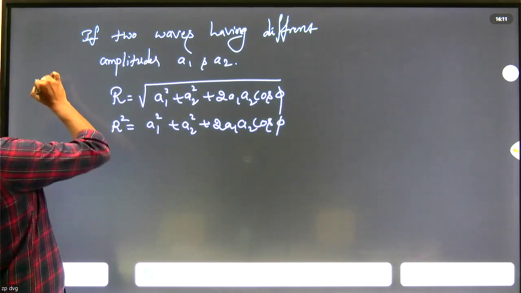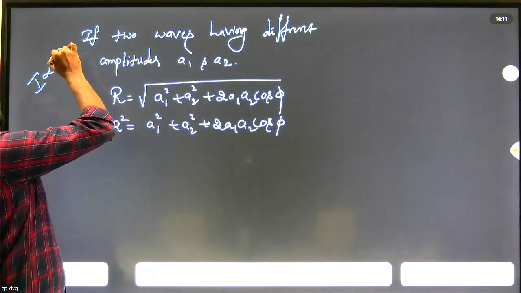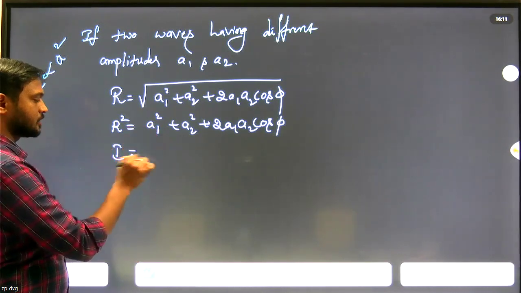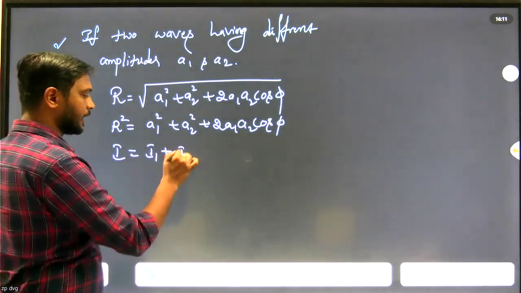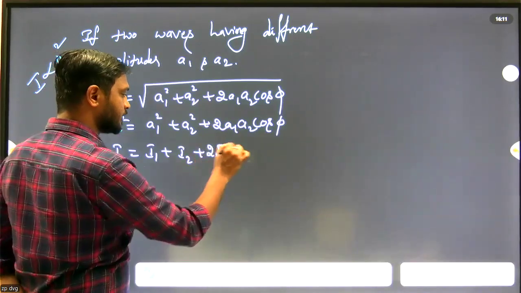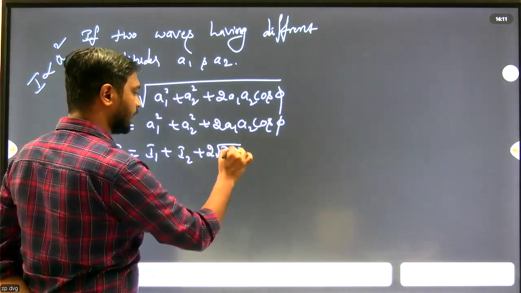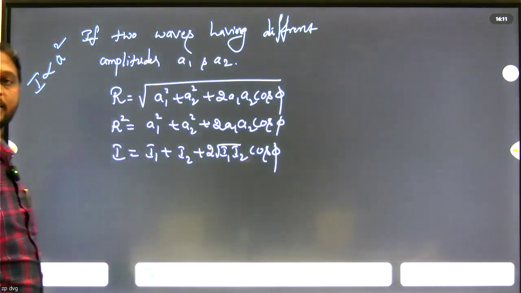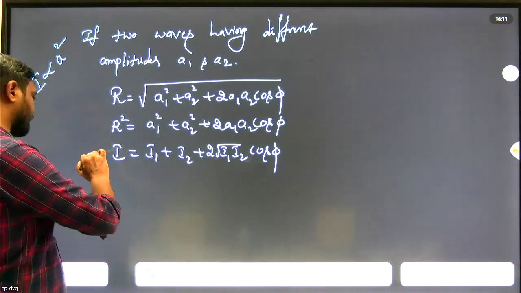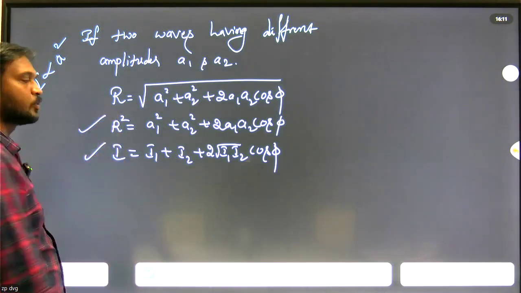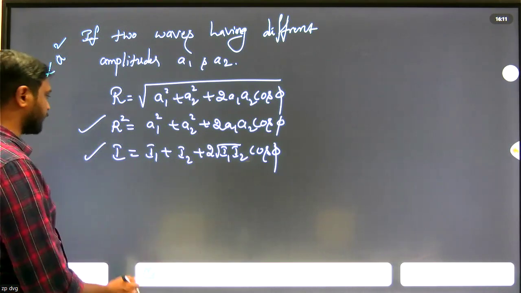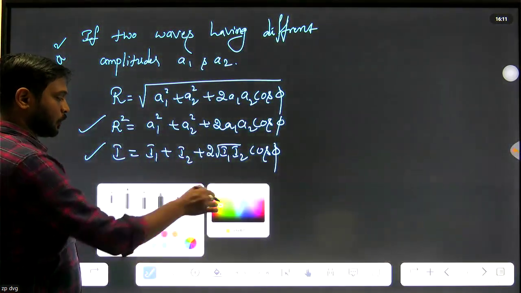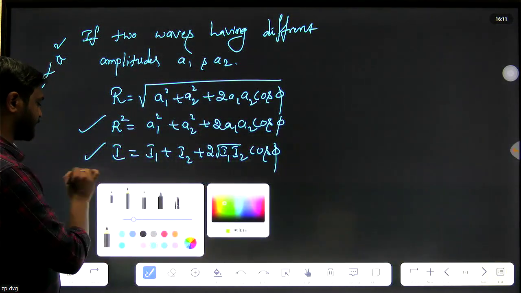Already we know that I is directly proportional to amplitude square. That is I equals I1 plus I2 plus 2 into square root of I1 I2 cos phi. This is one of the most important formulas. What is the relation between phase difference and path difference?